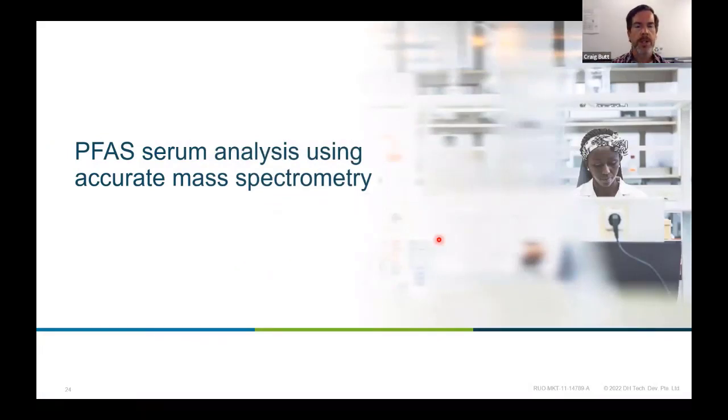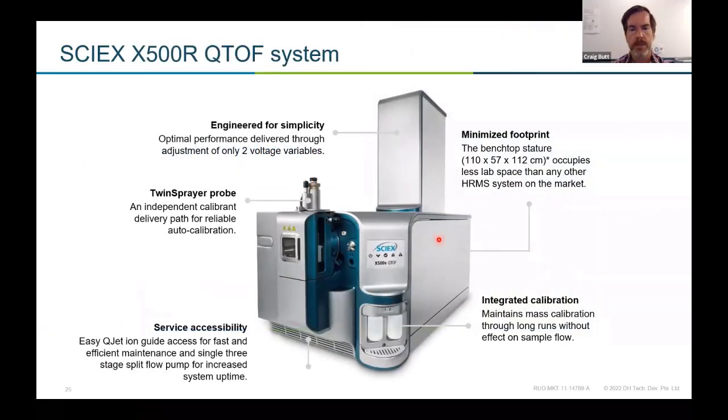So now what we're going to do is spend the rest of the time looking at accurate mass techniques for serum analysis. And for those that are not familiar with an instrument such as a QTOF, this was work that was done on the X500R QTOF.